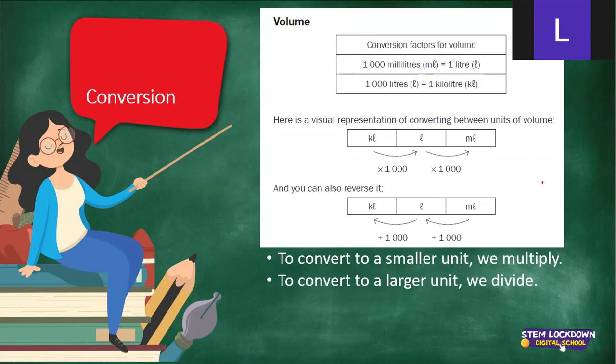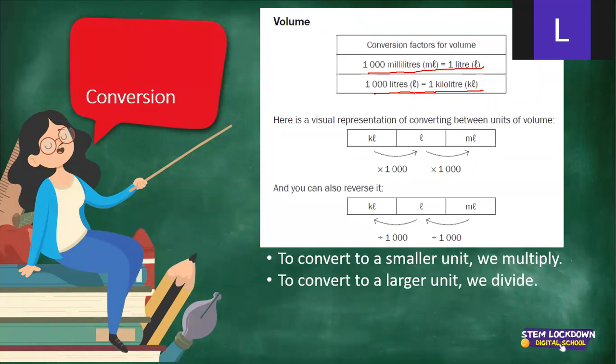Now to convert between milliliters, which is the smallest of them all, to liters, the conversion is 1,000. So 1000 milliliters is equal to 1 liter. And then 1000 liters is equal to 1 kiloliter. So the conversion factor is 1000.